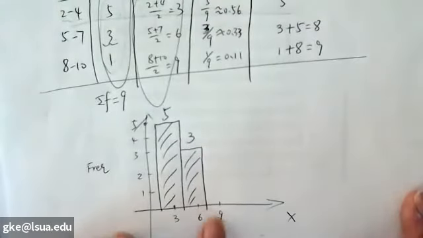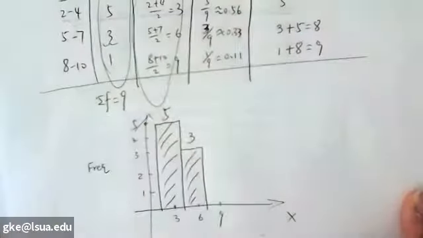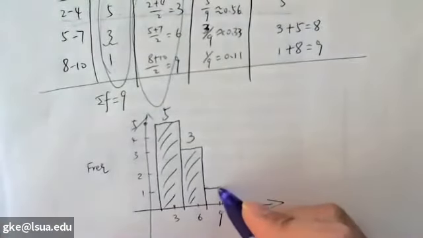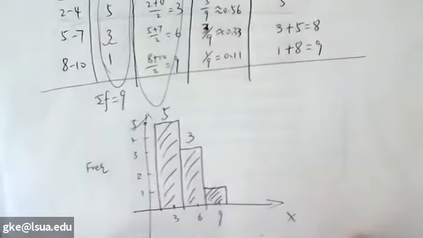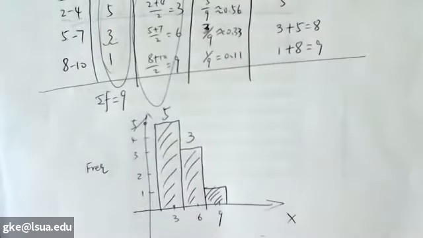And the last one corresponds to the frequency 1. That's it. Very simple and very straightforward. As long as you understand the x-axis is about the middle points and the y-axis is about the frequency, you use the frequency from the table. And of course you need to be careful: all the bars should touch each other.